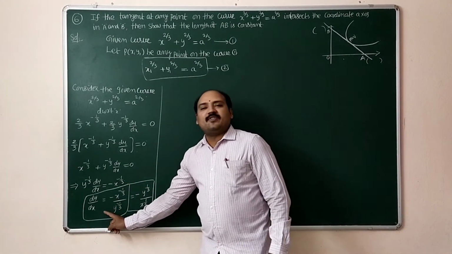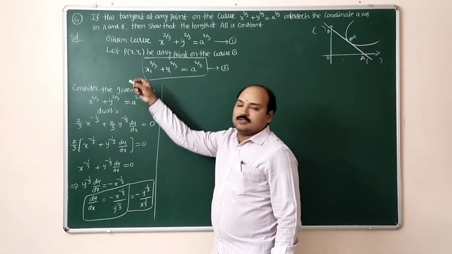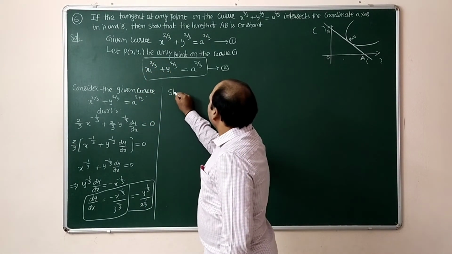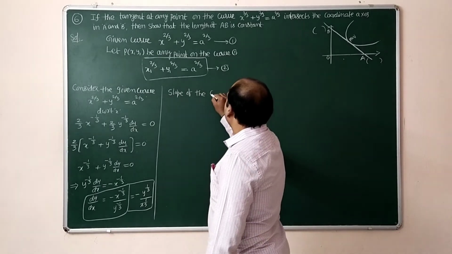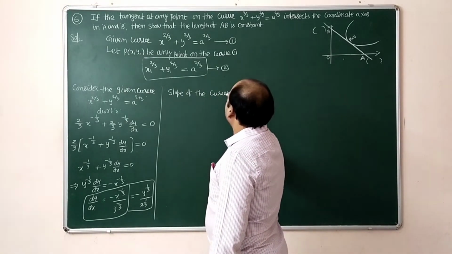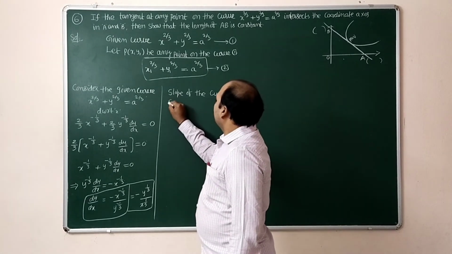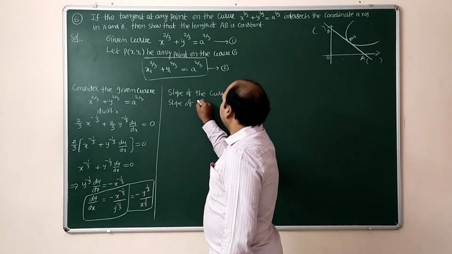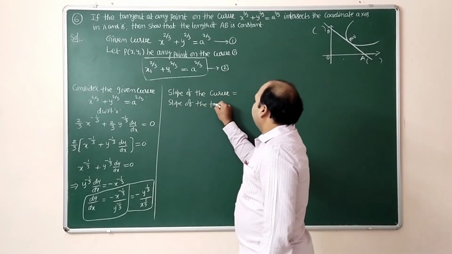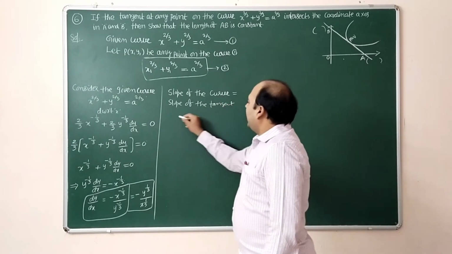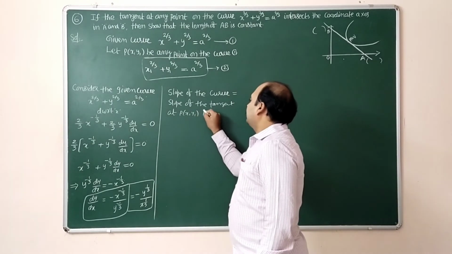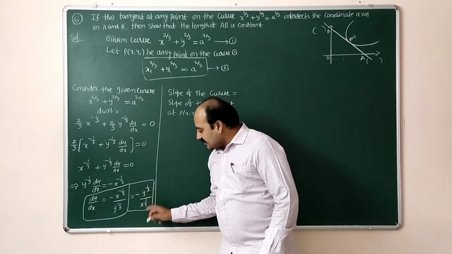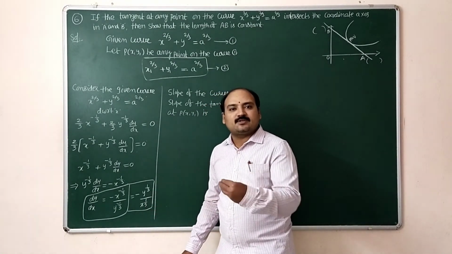After getting the slope of the curve, at what point can we take the slope? The slope of the tangent at P of x1 comma y1: wherever x comma y is there, you have to replace it with x1, y1.